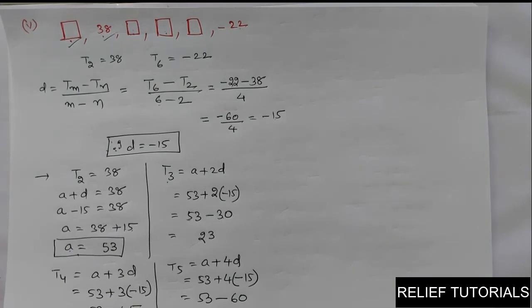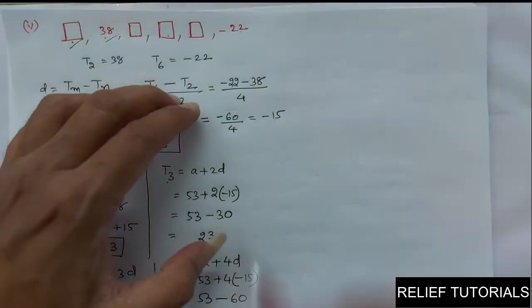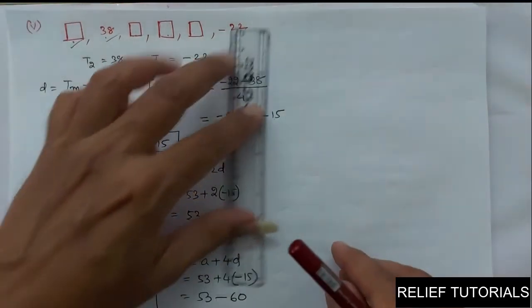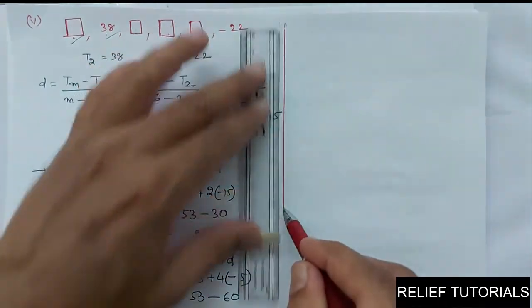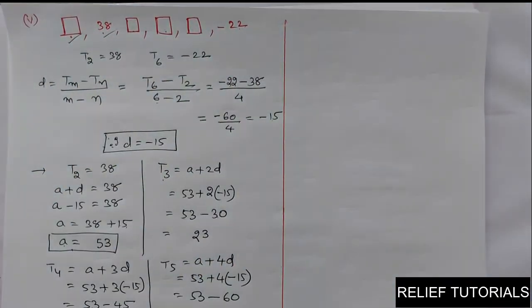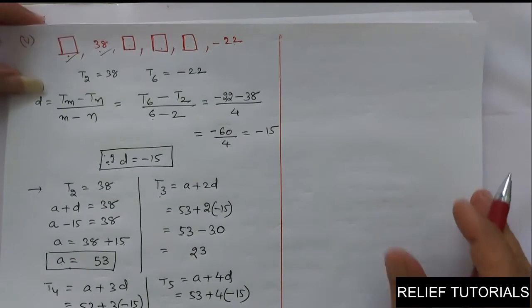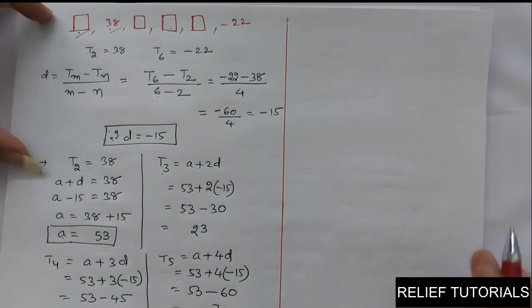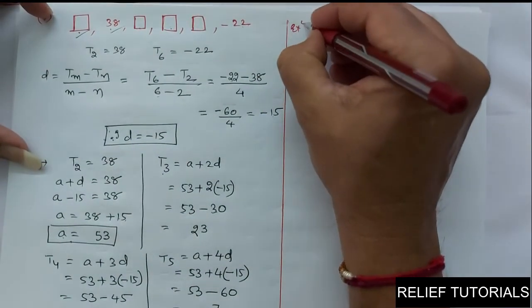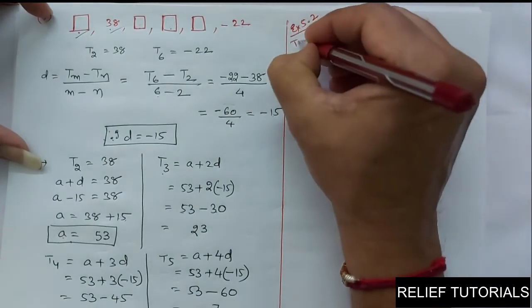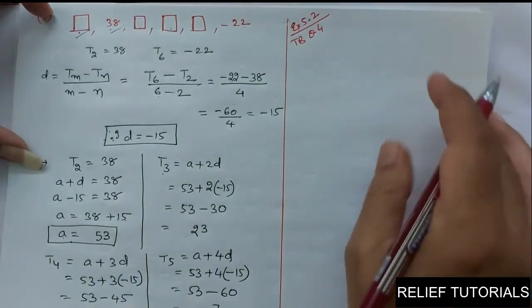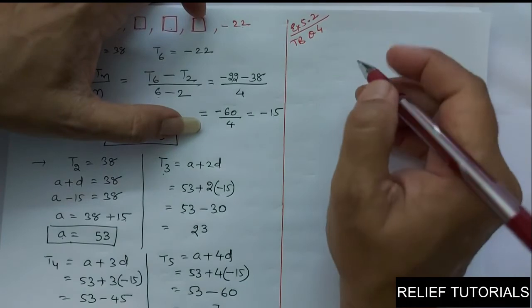Got it? Now see question number 4, Exercise 5.2, textbook question number 4. Which term of the AP is 78?